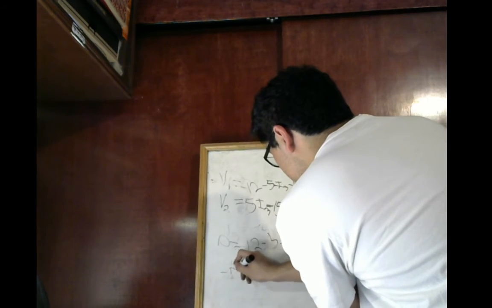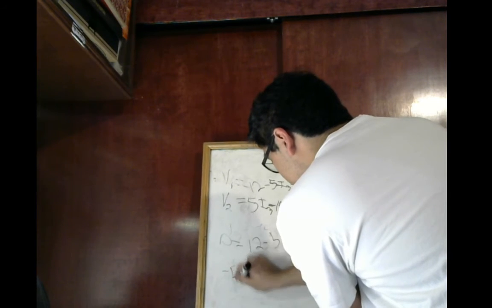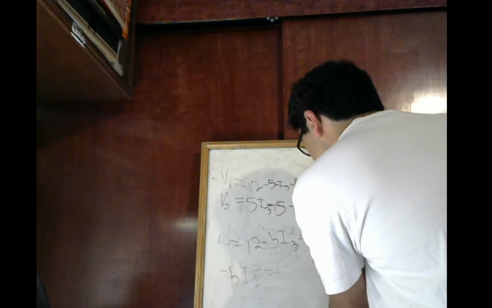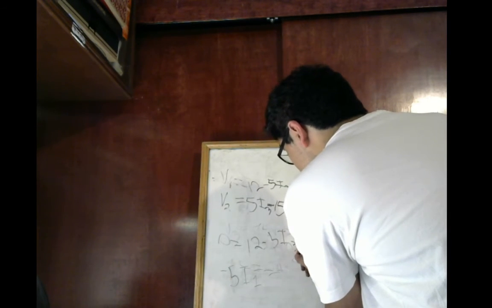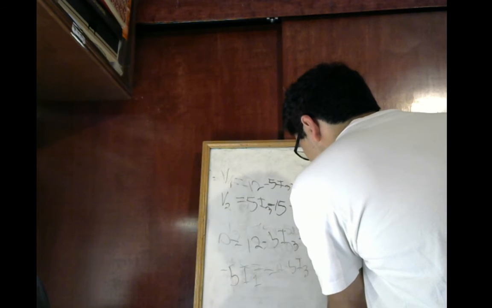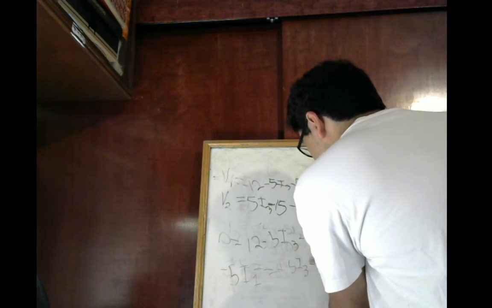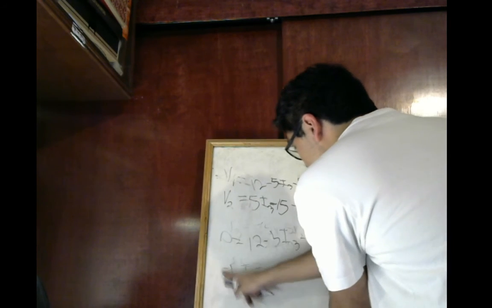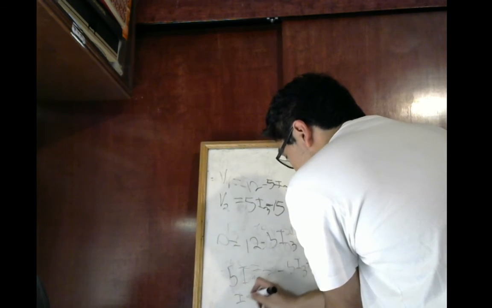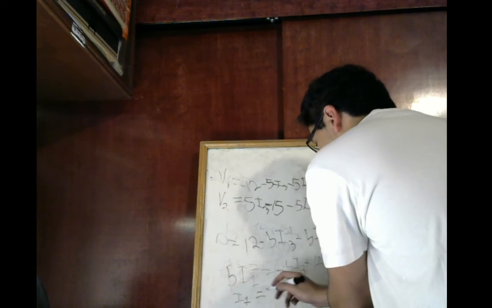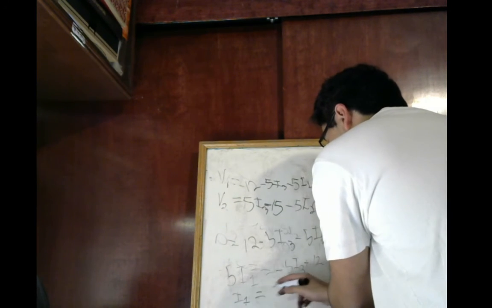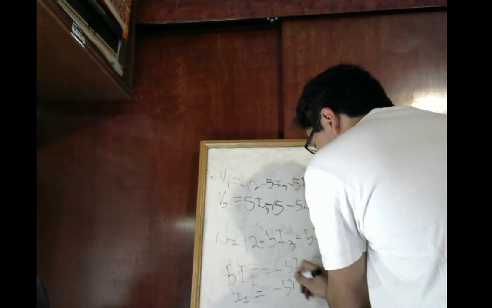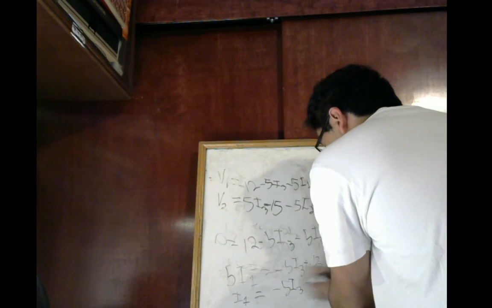Minus 5 I1 is equal to plus 5 I3 minus 12, then you again change symbols, plus, less, erase this, and I1 is equal to minus 5 times I3 minus 12 over 5, right?